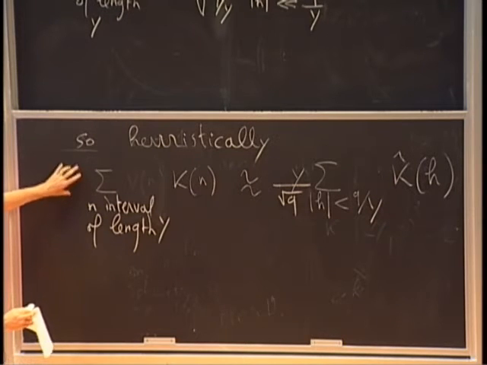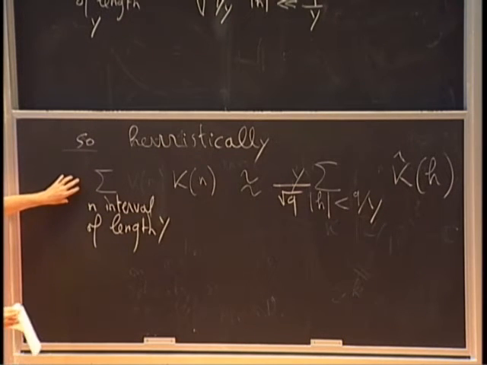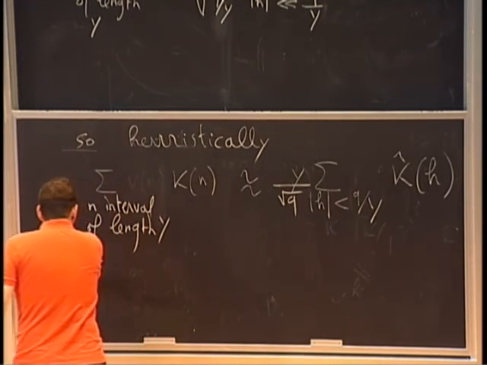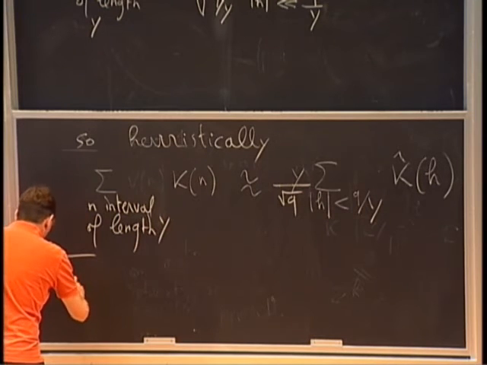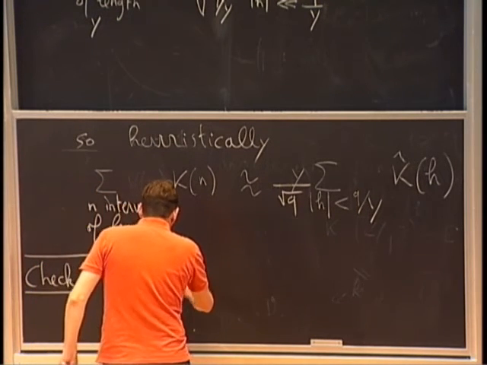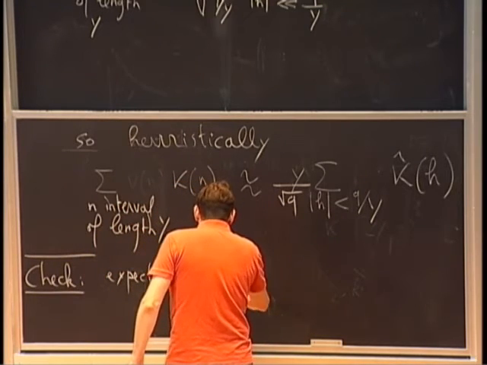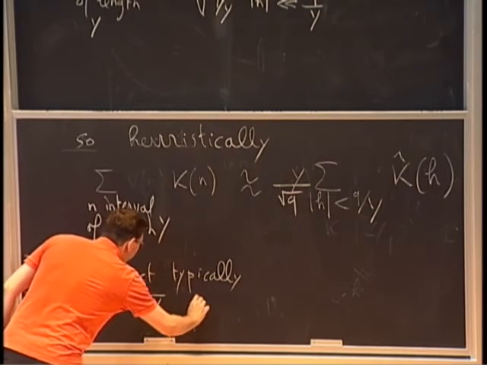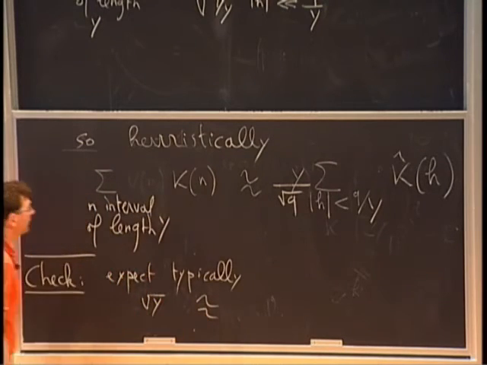Let's check now in the way that I like to check so that I remember it correctly. Let's assume that k is very nicely bounded and oscillatory. So this should be of size about square root of y. So check. So expect typically, certainly if you take the function k at random in any reasonable sense of random, this would be square root of y on the left-hand side.